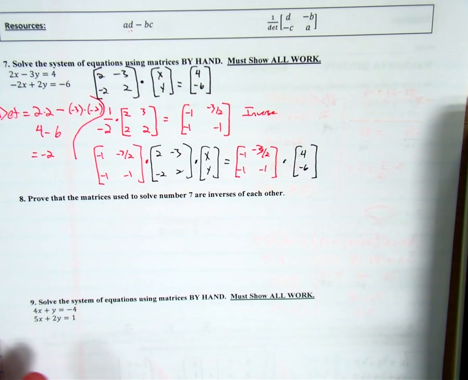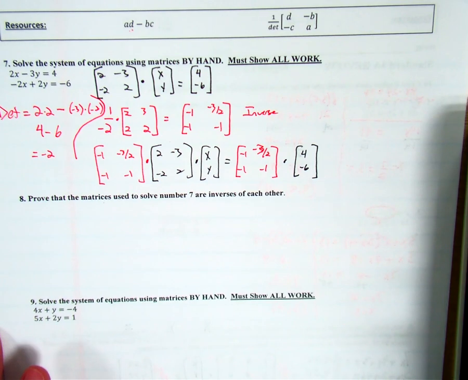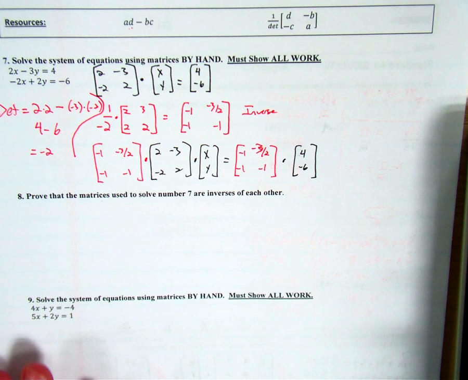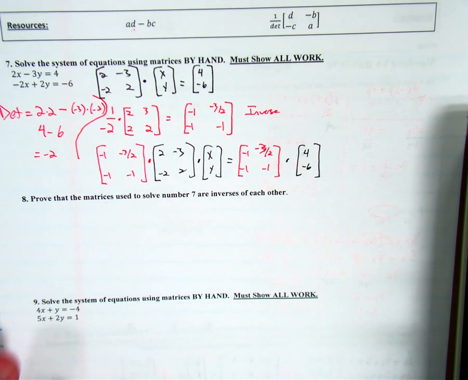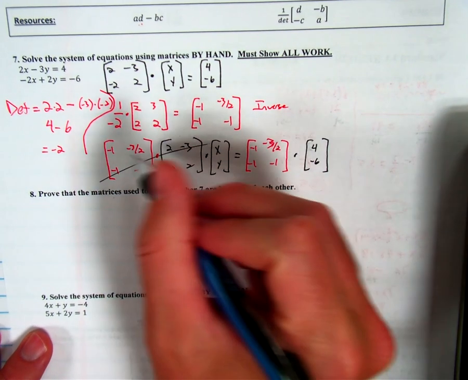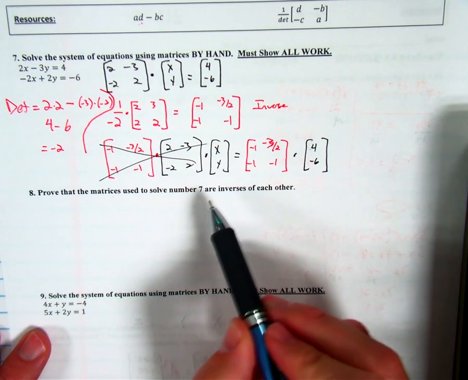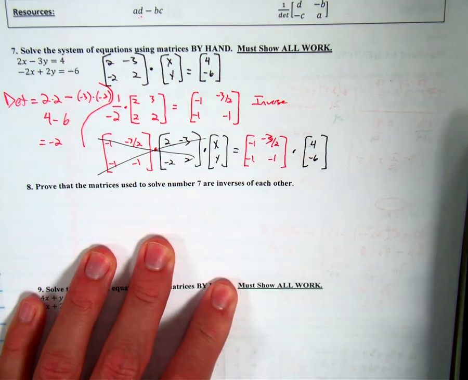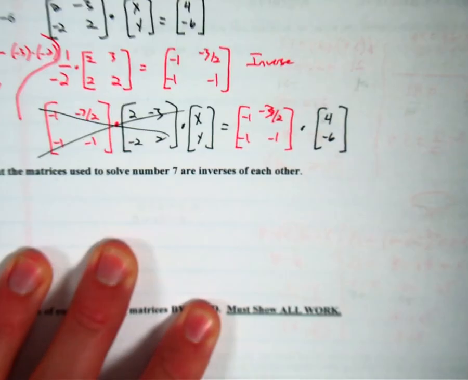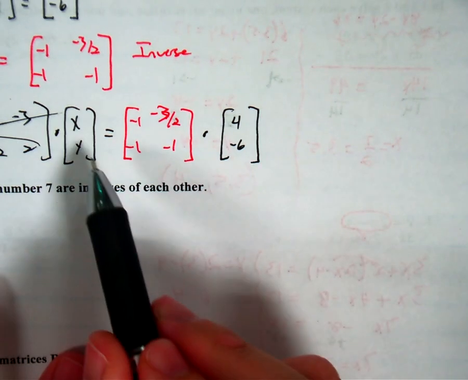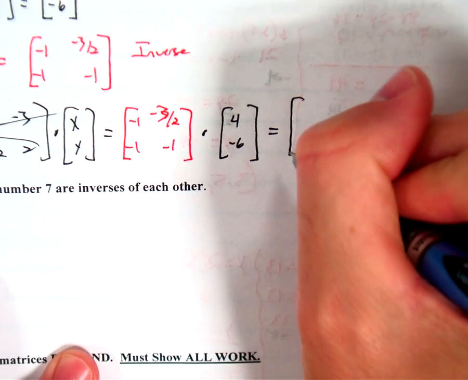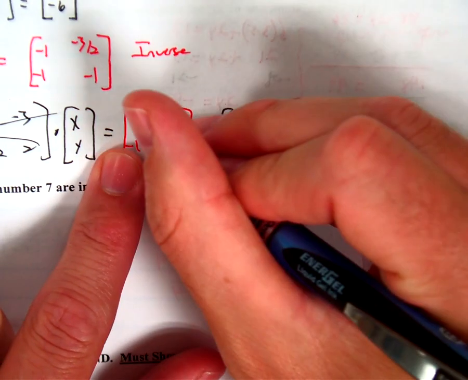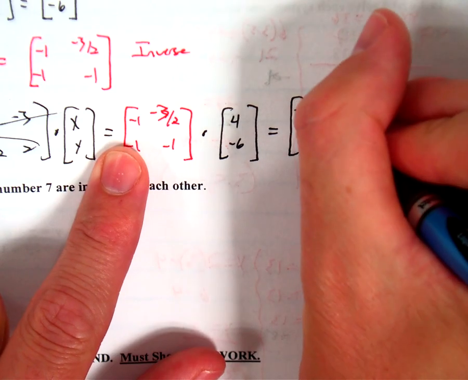Okay, now we went through how to do all these when we did the notes, and we showed how this is 1, 0, 0, 1. So we're going to cancel these out. And now I just have x y equals that. And I do need to see the multiplication here. Okay, so we're going to go row times column. So negative 1 times 4 is negative 4.